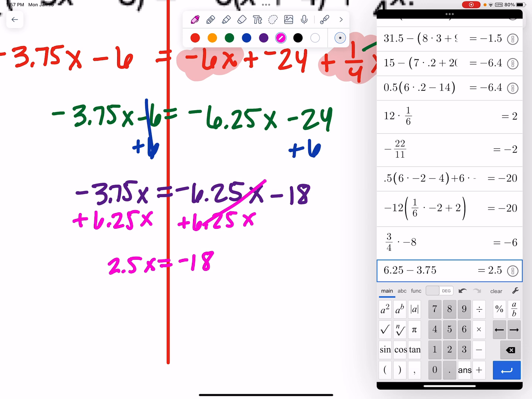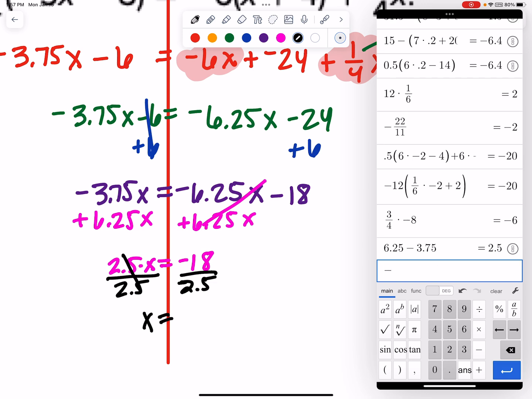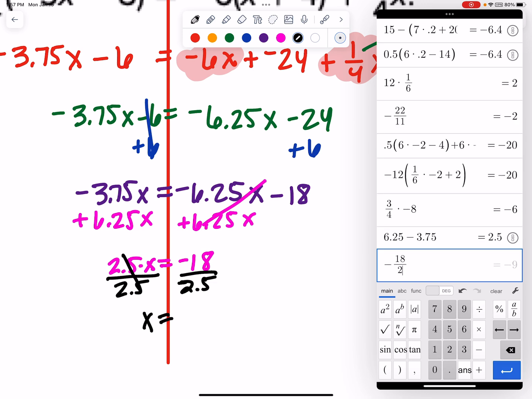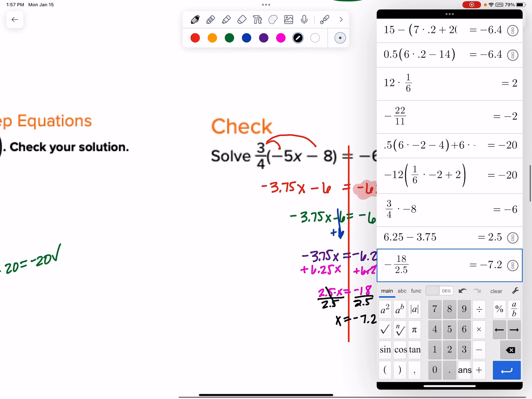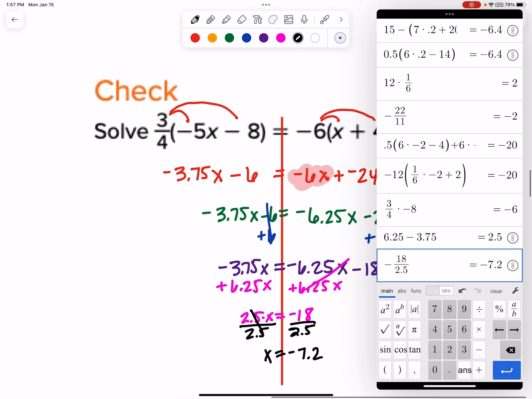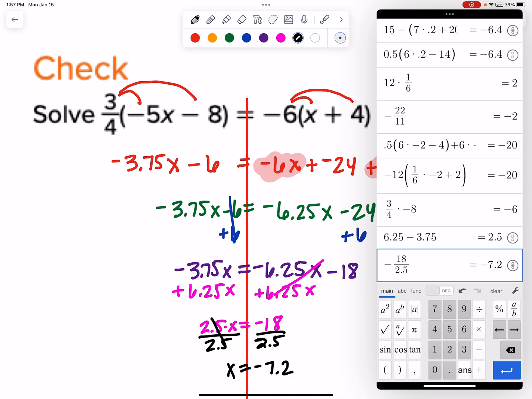Okay, we have an x times 2.5, so we need to divide to get rid of that. And we're left with x equals whatever this is. So negative 18 divided by 2.5 puts us at negative 7.2.